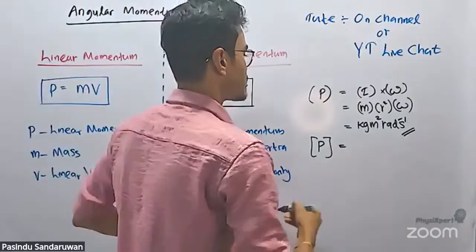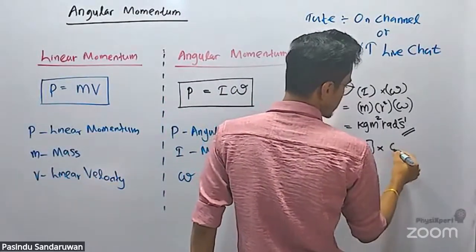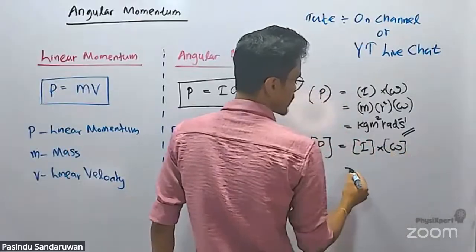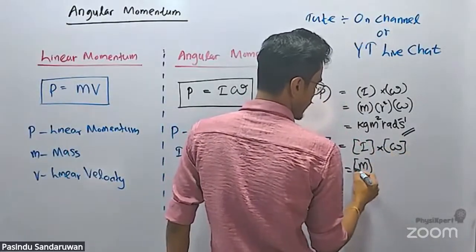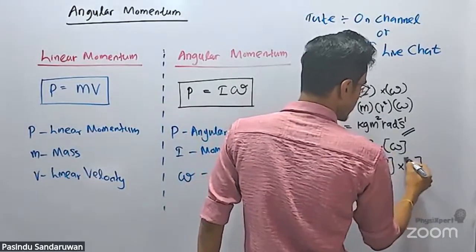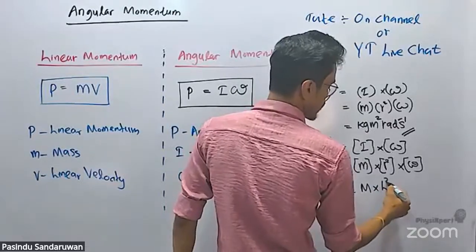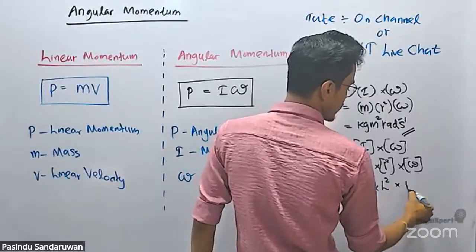For the dimensions, dimensions of I times dimensions of omega. Dimensions of I is m times dimensions of r squared, into dimensions of omega. Mass is capital M, r squared is L squared, and dimensions of omega is T minus 1.